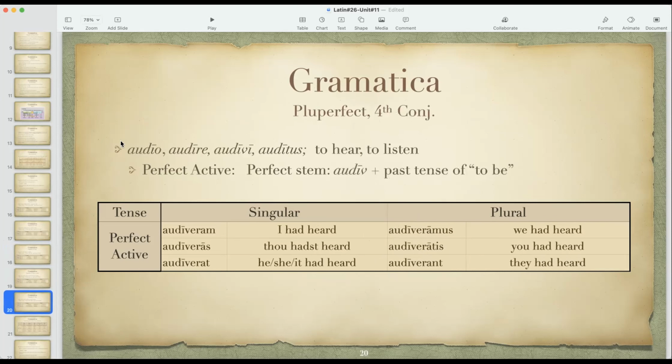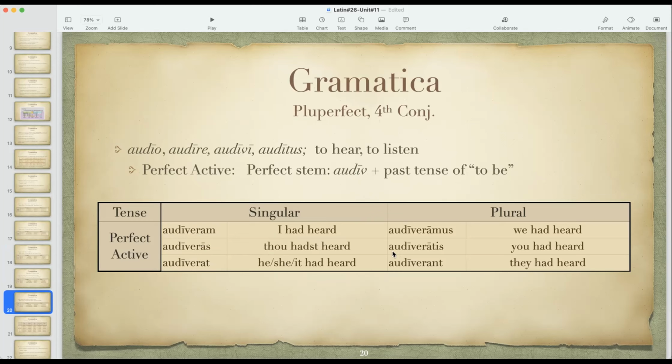So, audio, our favorite verb. For the fourth conjugation, audivi, so audiv, that's a long I. Audiveram, audiveras, audiverat. This is not accented because you do not accent the last syllable ever in Latin.